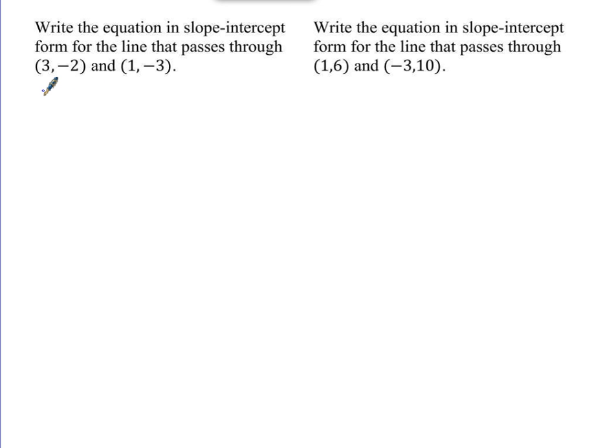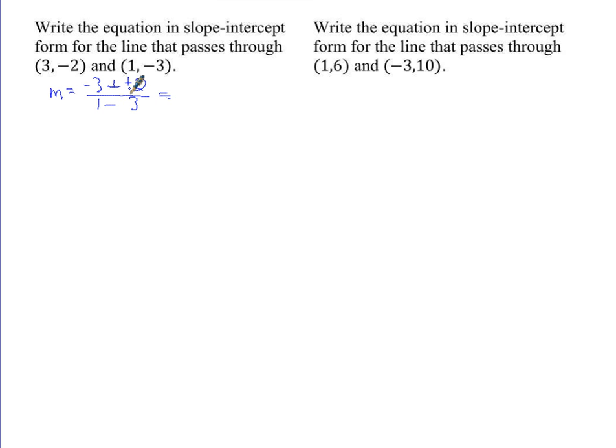So where do I start on this first problem? What do I do first? Okay, so what are you trying to do first? Find the slope. So we want to find the slope of the line that goes through these 2 points first. M equals negative 3 minus negative 2 over 1 minus 3 equals.